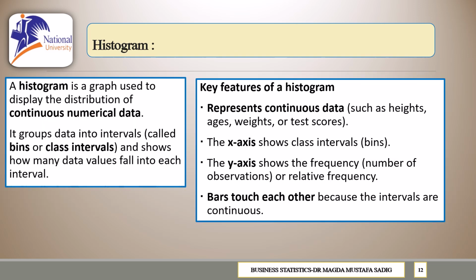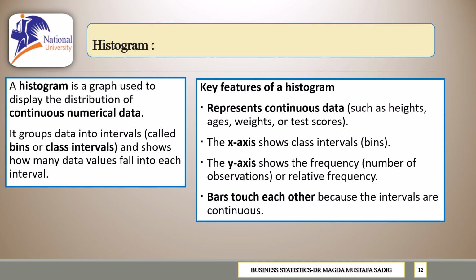Let us come to the histogram. Once the frequency table has been completed, we can display the data graphically using a histogram. A histogram is a graph used for continuous numerical data, unlike bar charts. The bars in a histogram touch each other. Why? Because the class intervals are continuous. The horizontal axis displays the class intervals.